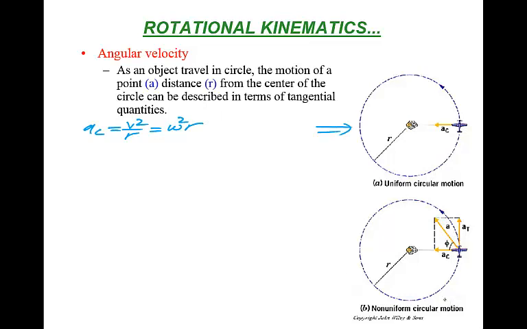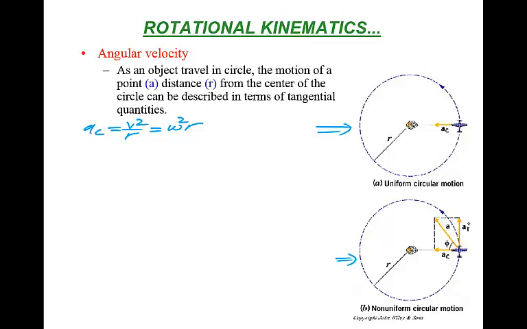If an object speeds up along the circumference of the circle, which is case B here, not only is it going to have a centripetal acceleration, but it's going to have a linear acceleration along the circumference. And we called it AT.